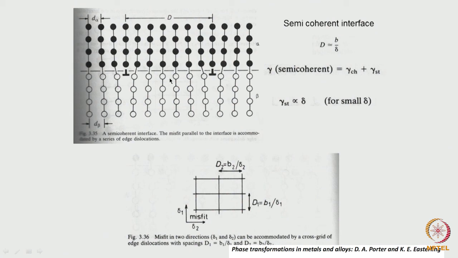So for these boundaries, there will be a chemical free energy, plus the strain energy is also going to be there. Both of them together will decide what is going to be the total energy of the interface.